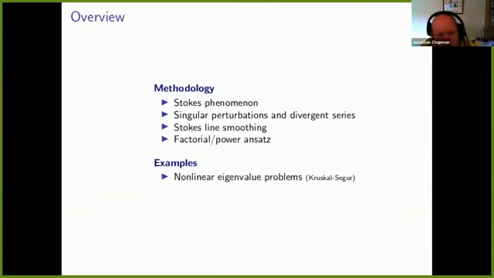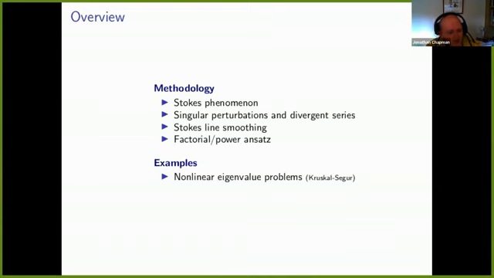Okay, so I'm going to talk about mainly the methodology. I'm going to introduce it with linear ordinary differential equations, talk about Stokes phenomenon, singular perturbations and divergent series, Stokes line smoothing, and factorial over power ansatz for the late terms. I'm sure some of these things you're hearing about in the other lecture series in this program.